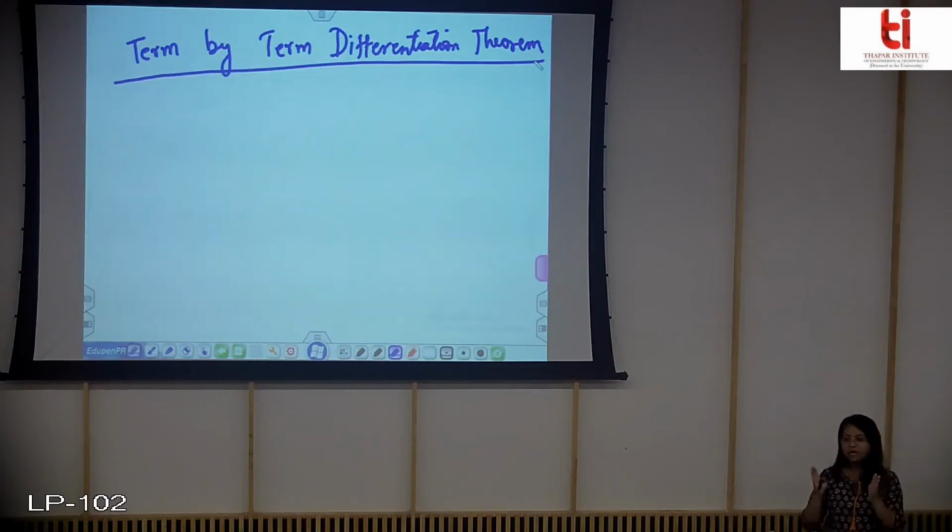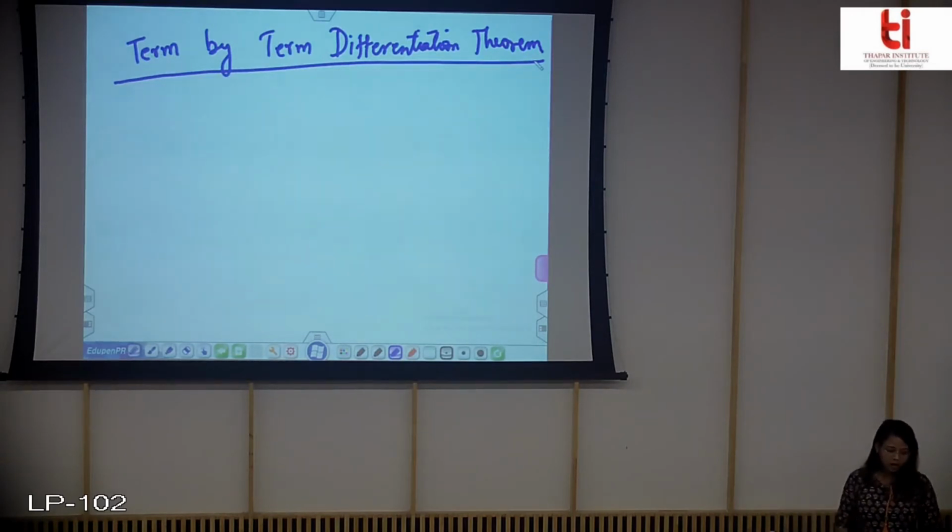Like we have this interval of convergence, and you can differentiate the power series at each interior point within this interval of convergence, and whatever is the resultant power series will also converge for the same interval.